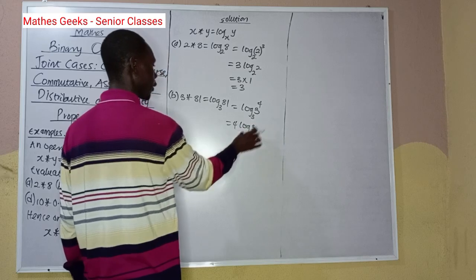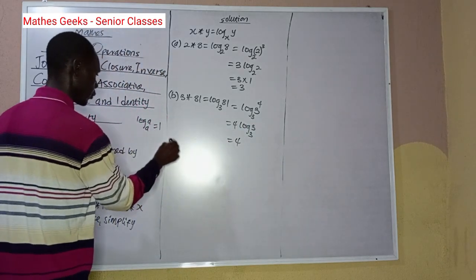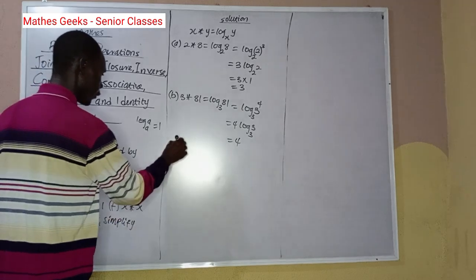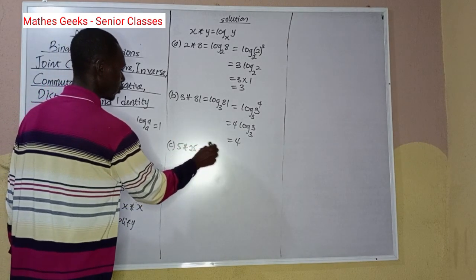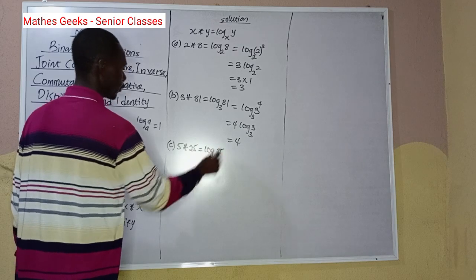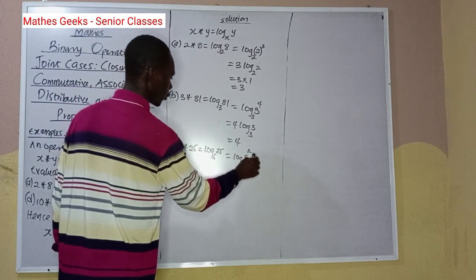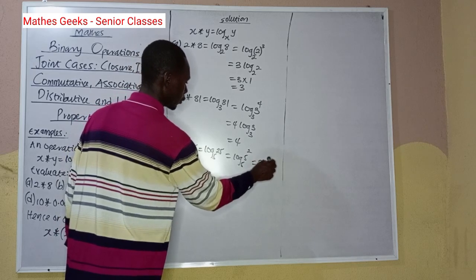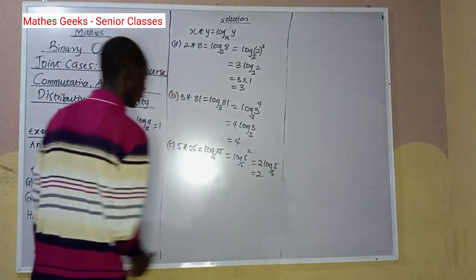And of course, since this part is 1, we are left with 4. C. 5 star 25 is equal to log 25 to base 5. That's equal to log 5 to the power 2. That's 2 log 5, and that's equal to 2.